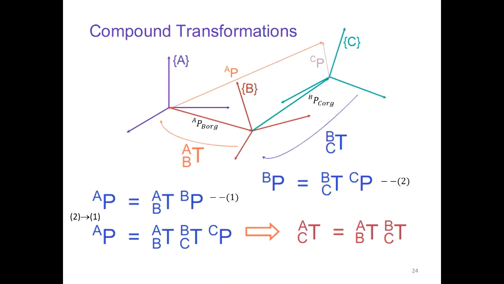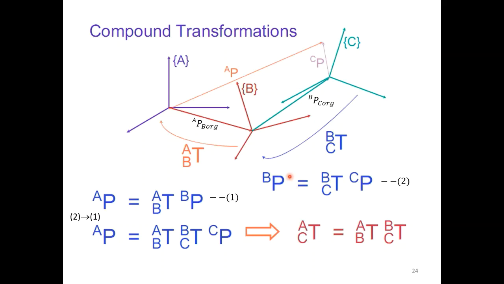At the same time, if there's a vector attached to C, and you pre-multiply it with BCT, what you get is the vector described with respect to B. So that is between B and C.